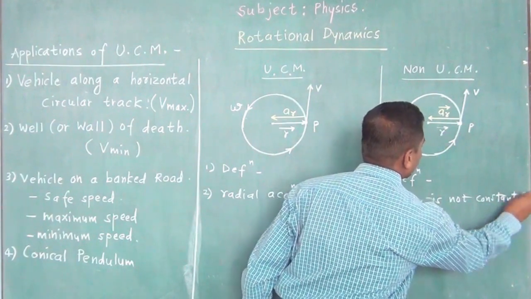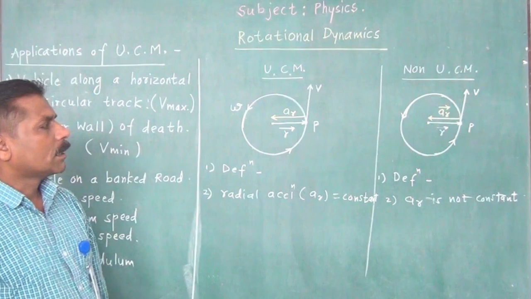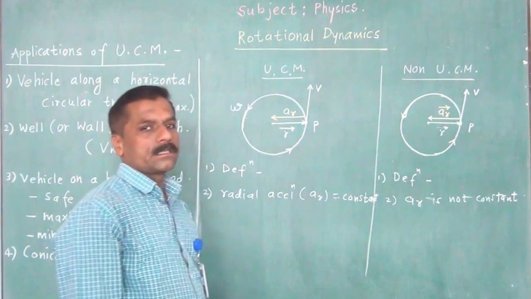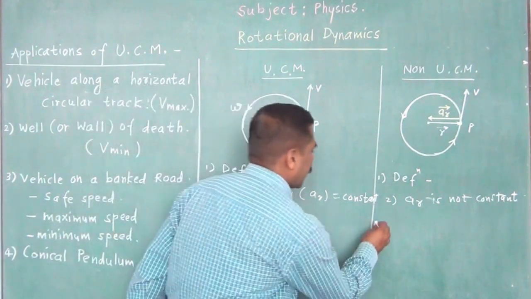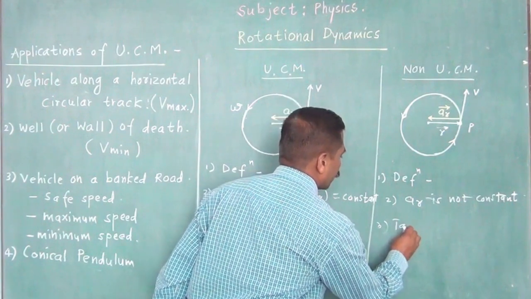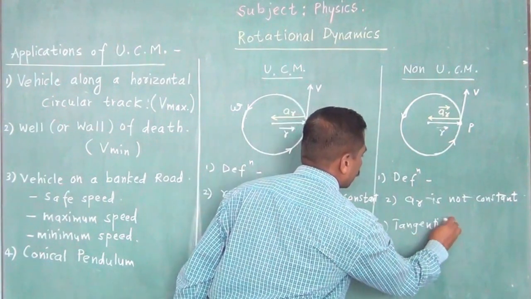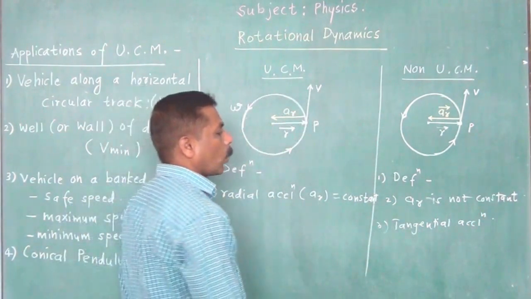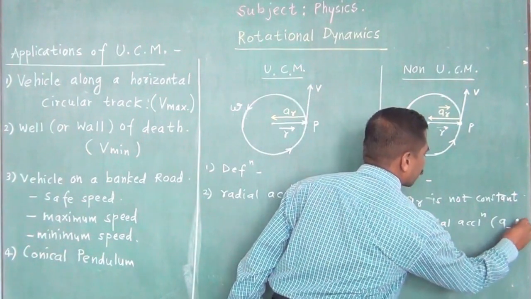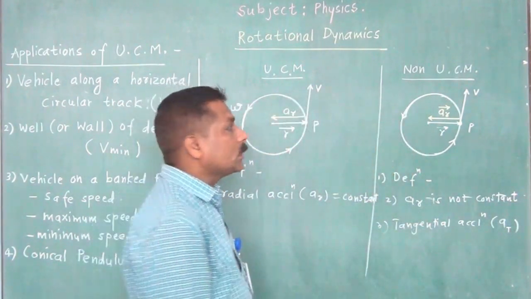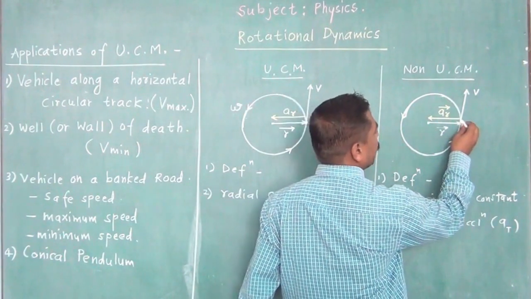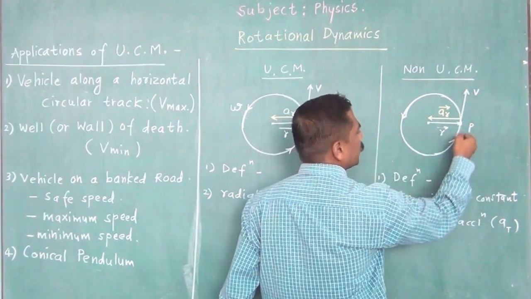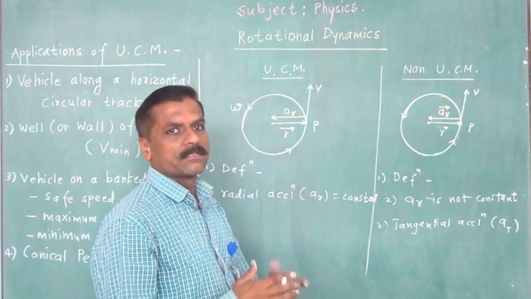Again, as the speed of the particle is not constant, there is the formation of tangential acceleration. This tangential acceleration is produced in the body, and it is in the direction of the tangential velocity or opposite to it, because the speed is variable.